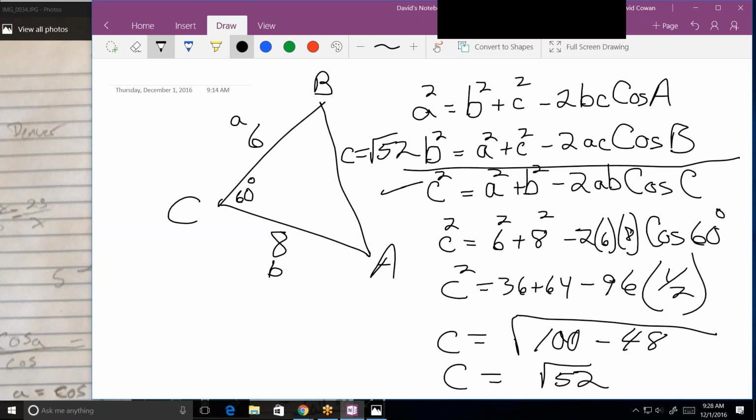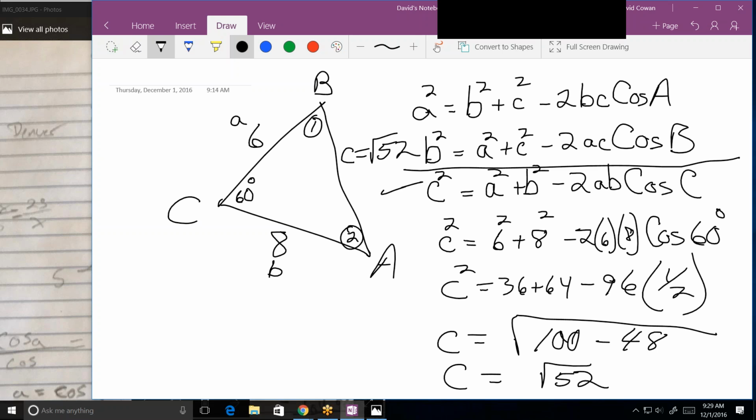Now, by solving for side C, I can apply the law of sines and figure out this angle here, angle 1 or angle B, and angle A. Then I will have all 3 sides and all 3 angles.